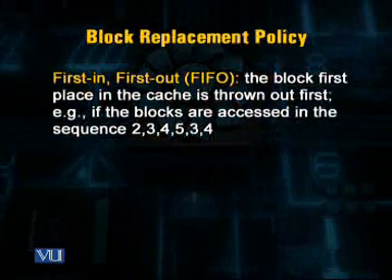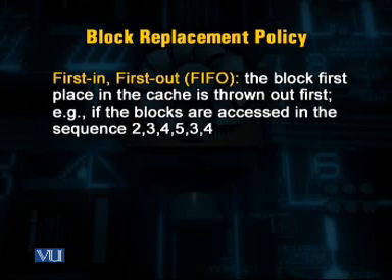Whereas the third policy, that is the first in, first out, or say the FIFO policy, states that a block which is placed in first is thrown out first. In order to understand this, let us consider this sequence in which the blocks are accessed.